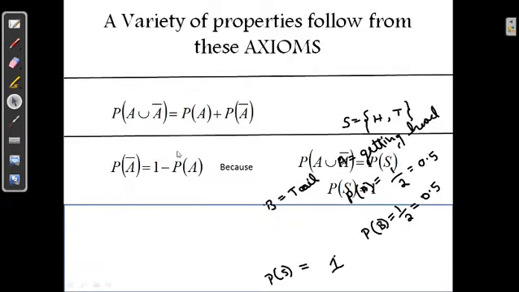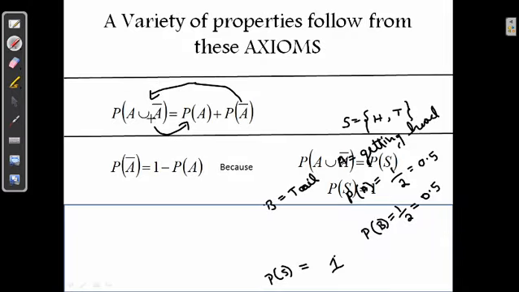How is this possible? You know that probability of A union A bar is probability of A plus probability of A bar. Take this to the left-hand side and bring this to the right side.